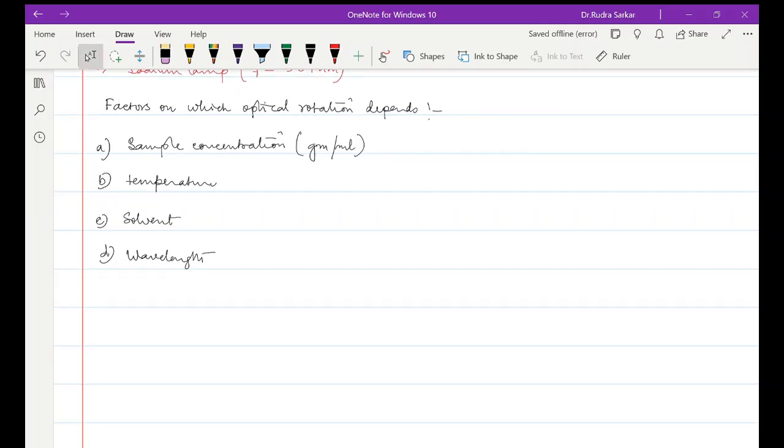Obviously over here we are using a sodium vapor lamp, and the tube length, which we measure in dm. Okay.